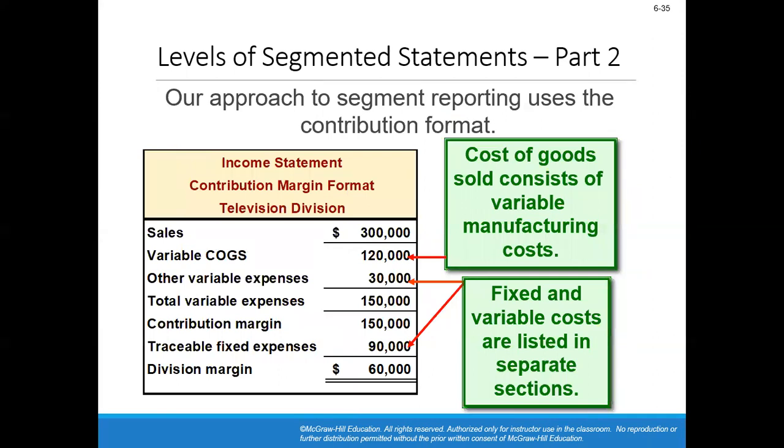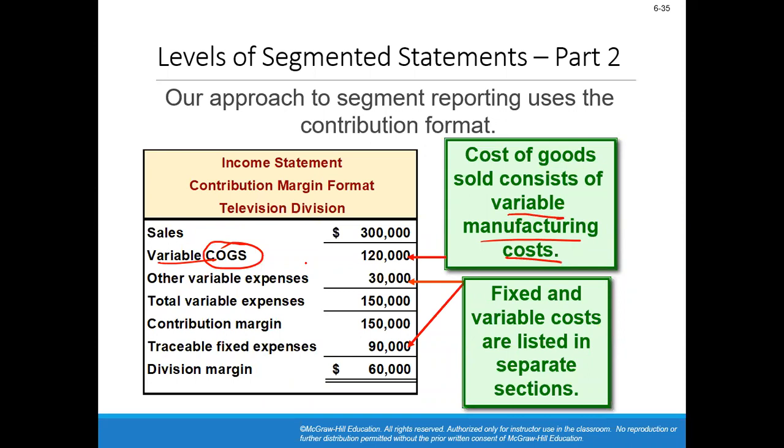So you see the contribution format income statement. First of all, let's try to identify what we already know: the cost of goods sold. From the name it implies, it includes what? It includes only the variable manufacturing cost, because we have identified that it should be the variable cost of goods sold portion.